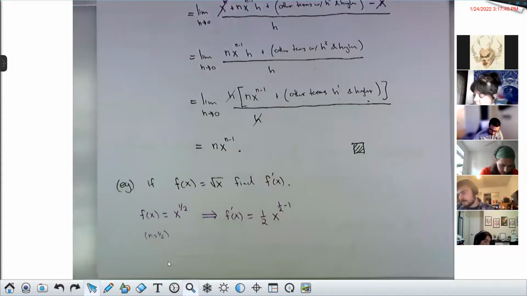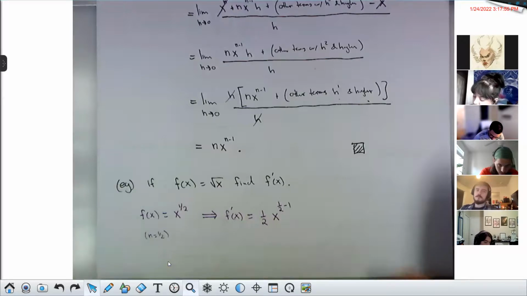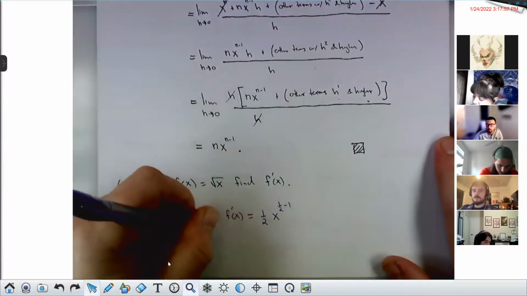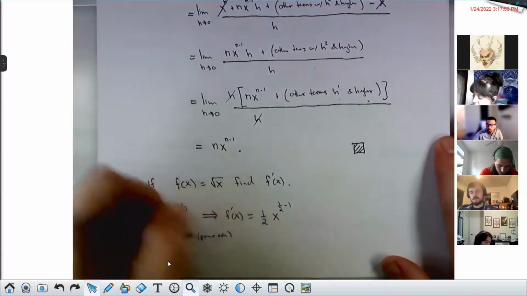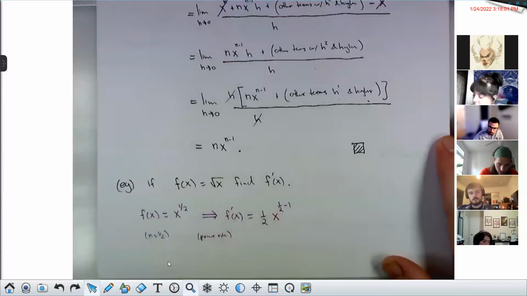Right? n times x to the n minus 1, and here n is 1/2. Just applying the power rule. 1/2 minus 1 is negative 1/2.